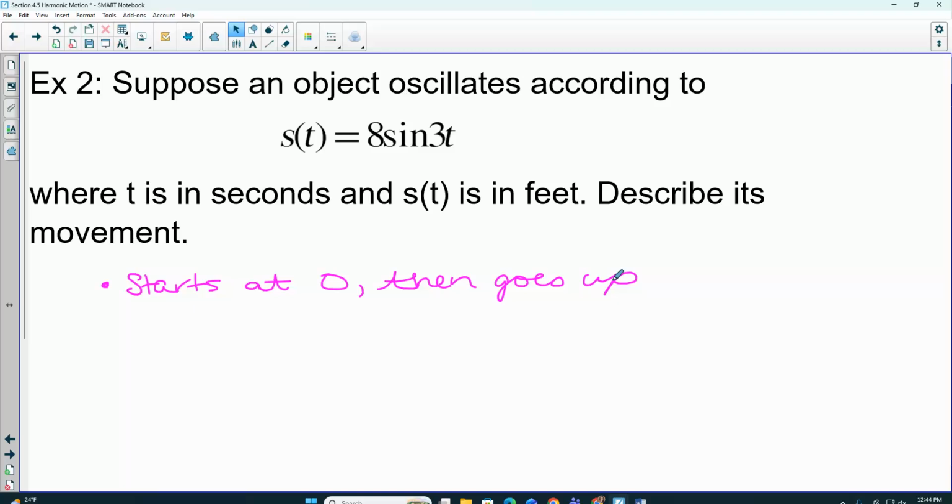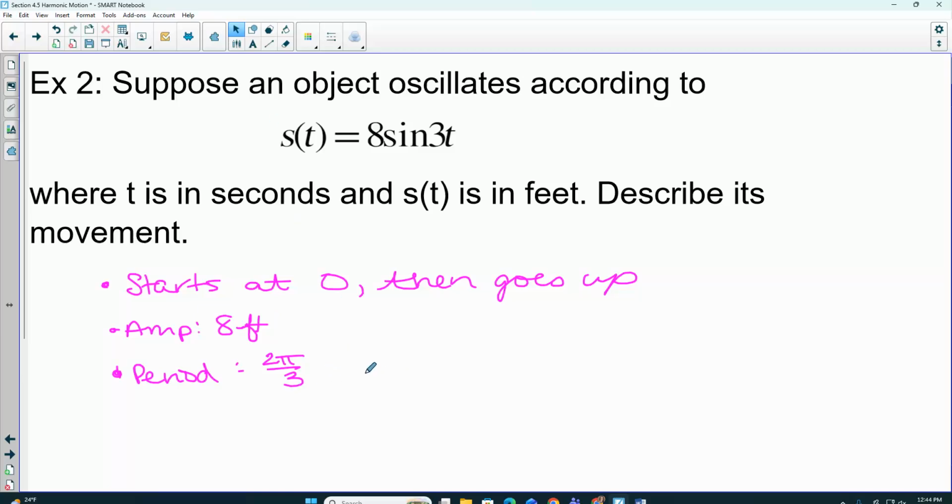All right. Let's talk about what is the amplitude. 8. What is the period? It's 2 pi divided by 3, right? If we want to be more specific, our amplitude is the height. It did say that was feet. So it's either going to go up to 8 feet or down 8 feet.